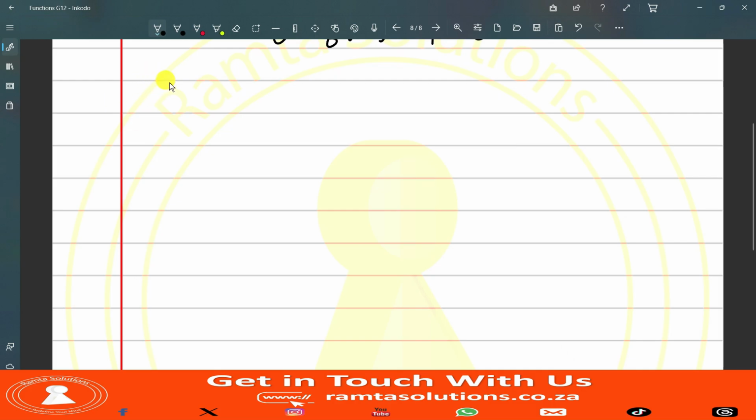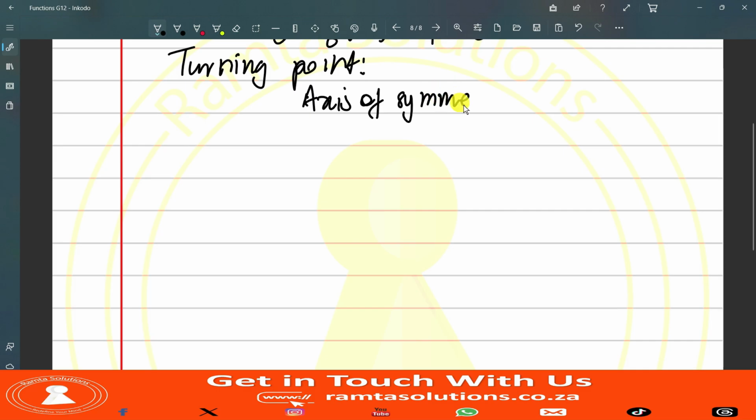Now, how about turning points? Once again, you can call them stationary points or turning points, but because we are used to calling them turning points, let's just do this. Turning point. What do we need? Axis of symmetry. So, axis of symmetry, x equals negative b over 2a.